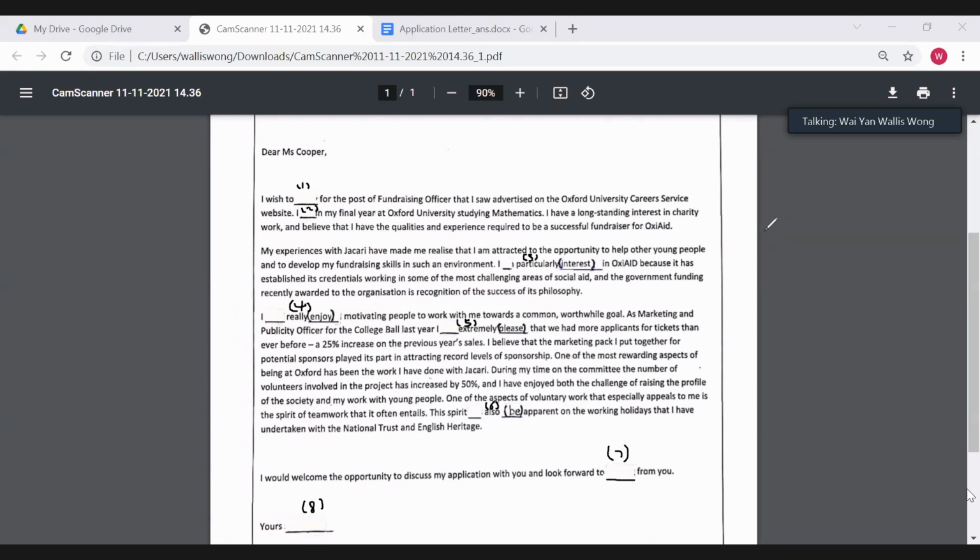If I don't see you, I will just mark you absent. That's it. No exemption.